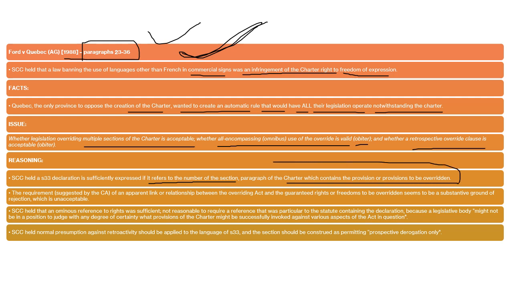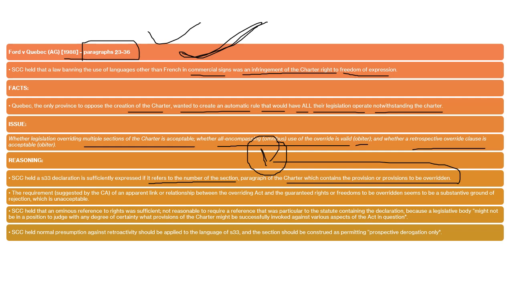So the number one requirement is that you have to be clear with regard to the particular section, that the Quebec government is going to override Section 2. For the next 5 years, we won't be following Section 2 in our province. So this is how you have to follow Section 33.